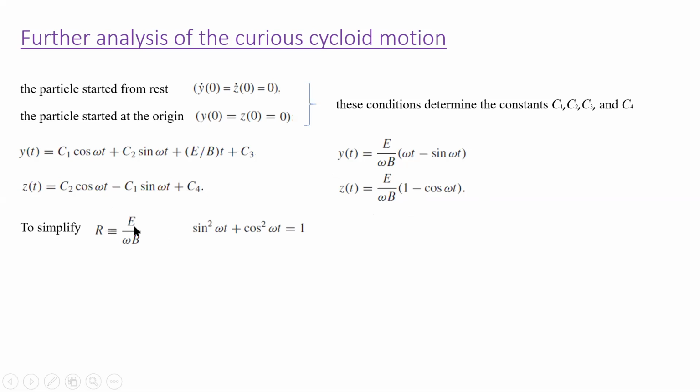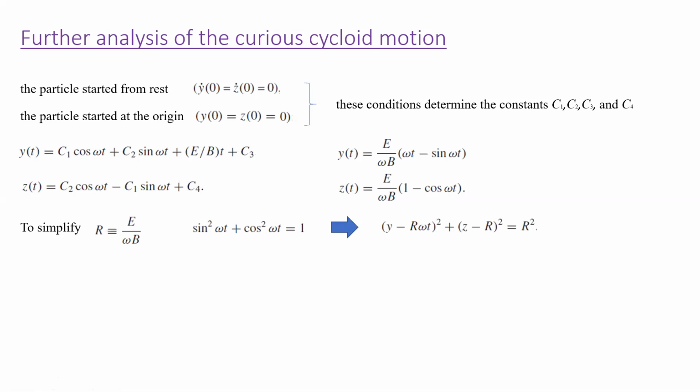We can let this constant, which is out in front now, E over omega b, which, by the way, if you work it out, has units of distance, equal r, and then solve for sine of omega t in the first equation and cosine of omega t in the second equation, and then use the fact that sine squared plus cosine squared is equal to 1, the trig identity.